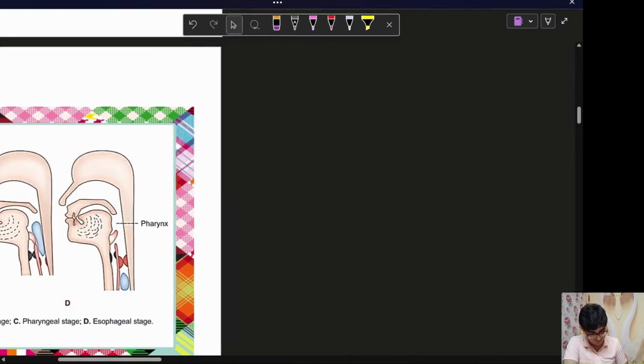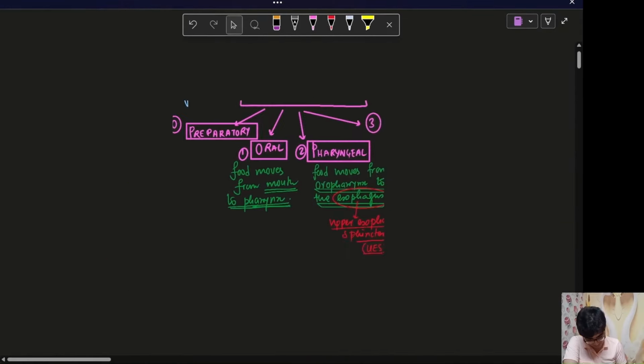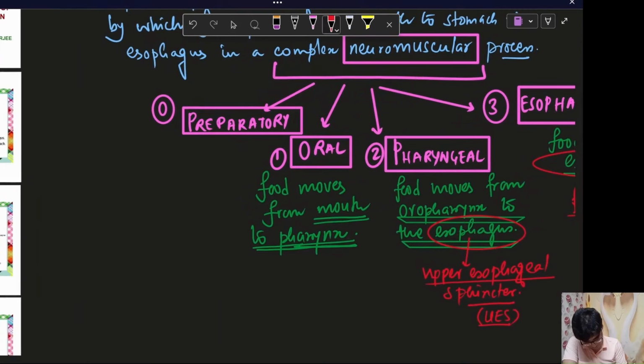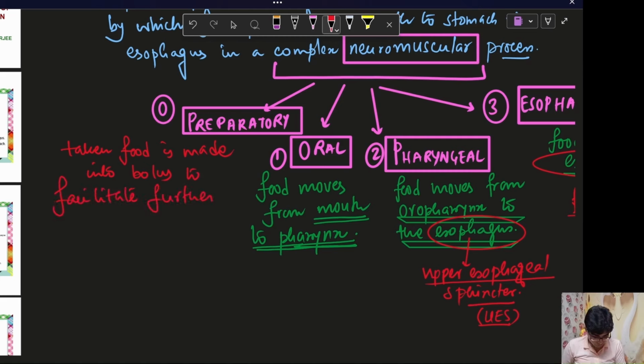Correct? So, it is the phase where taken food is made into bolus to facilitate further phases of deglutition.